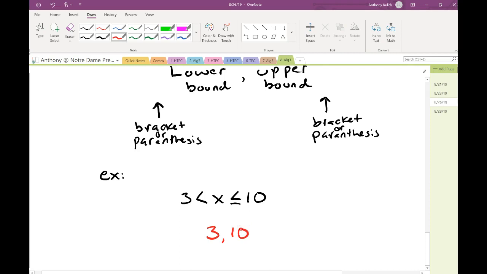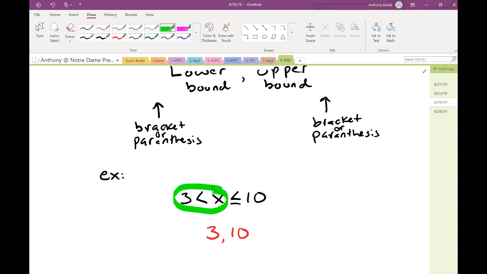Now what I need to do is indicate whether or not those boundary values should be included or should not be included. So let's first look at the lower bound. So I'm going to look at this part of my inequality. If I substitute the 3 in for x, do I have a true statement? Is 3 less than 3?